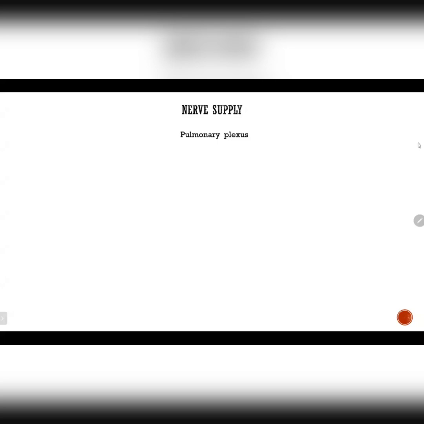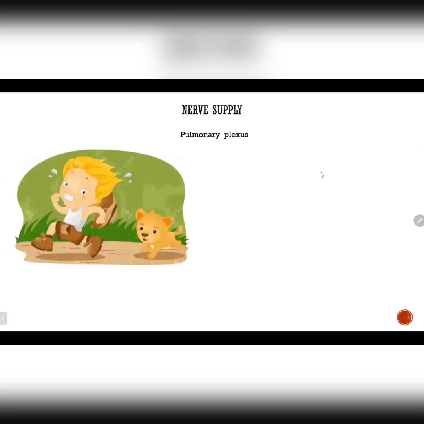Finally, we come to the nerve supply, which is from the pulmonary plexus. As you are learning thoracic organs, they're all viscera, so the nerve supply is usually by sympathetics and parasympathetics. What is the action of the sympathetic nervous system on the bronchi? I told you earlier, the sympathetic nervous system is activated in the fight or flight response.